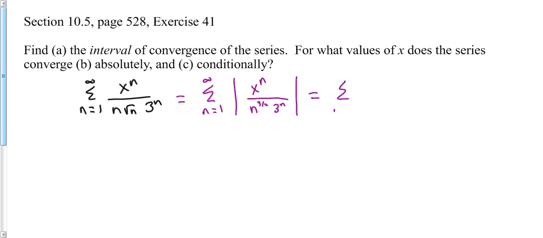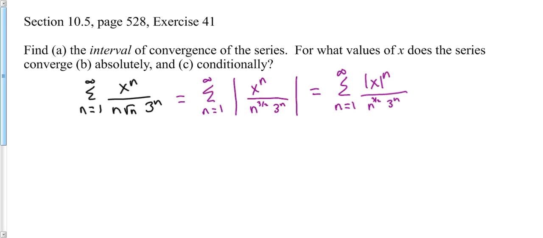So the only thing we really need to worry about taking the absolute value of is going to be x. So we're going to end up with the summation from n equals 1 to infinity of the absolute value of x to the n divided by n to the 3 halves times 3 to the n.